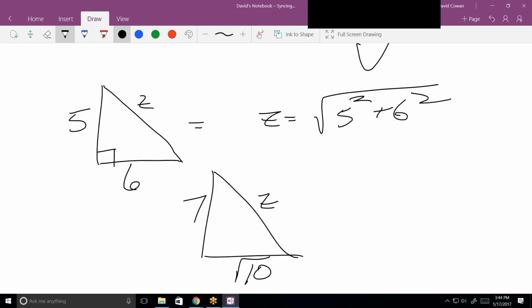What's Z here? Square root of 7 squared plus, sorry, square root of 10 squared, which would just be 10. Okay. So that's the square root of 59.